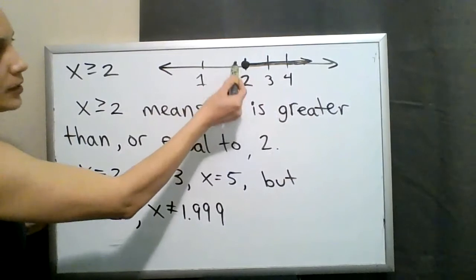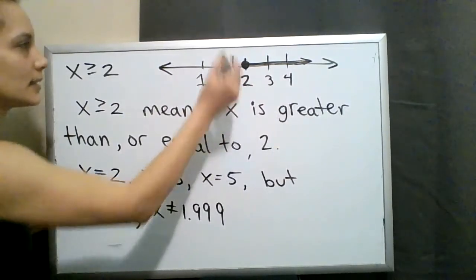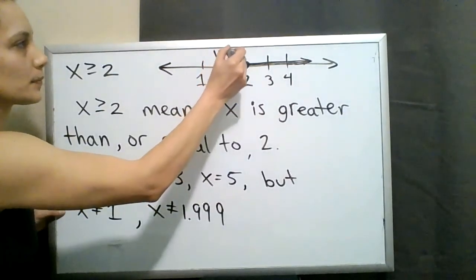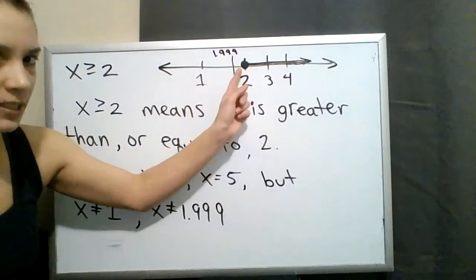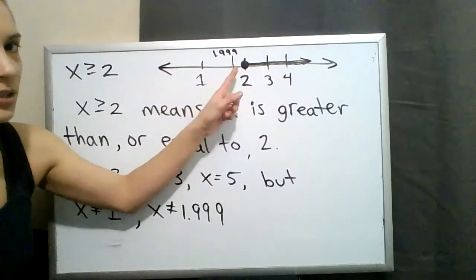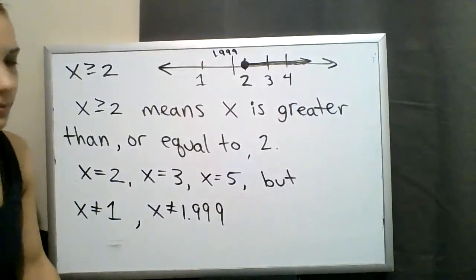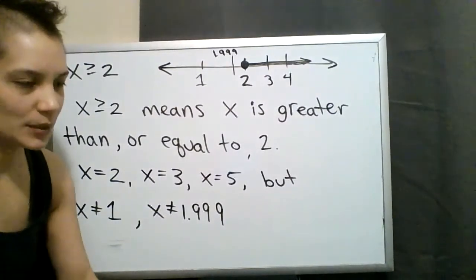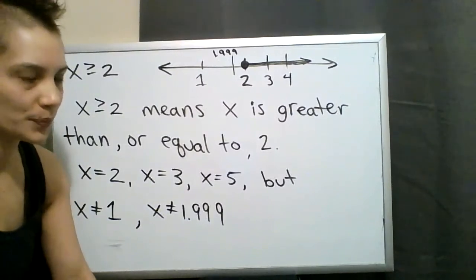We're not going to shade over a number very, very close to 2, like 1.999. So the shaded side is the solution side, and these are not values of x, so these are not solutions. It's not a big deal, but solutions are values of the variable that make your statement true.